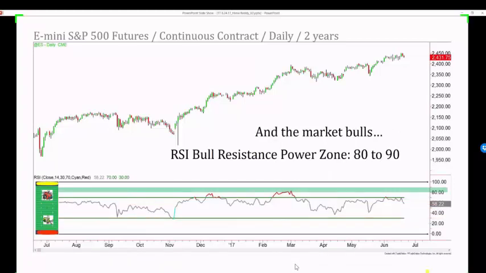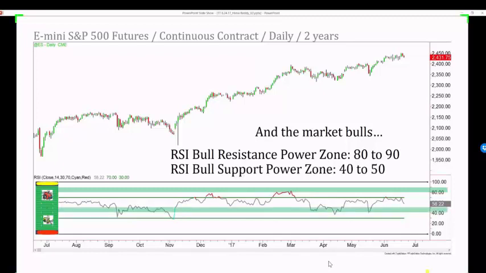Now, we've got the market bulls. Bull resistance power zone is 80 to 90, because the bulls can take the market to higher overbought levels since their force is with them. The upside momentum is going to get strong as this trend matures and push things even beyond. So 80 to 90 is where we anticipate resistance for a bull move.